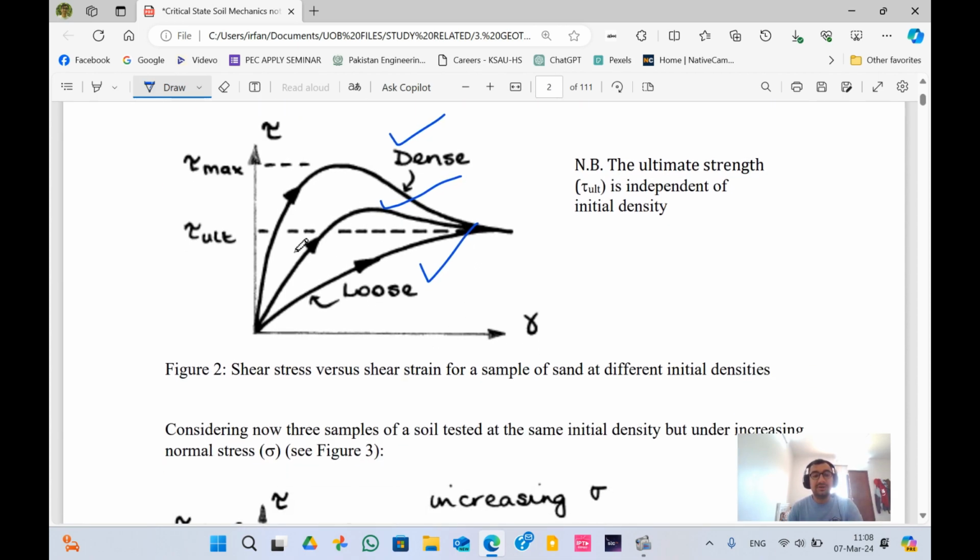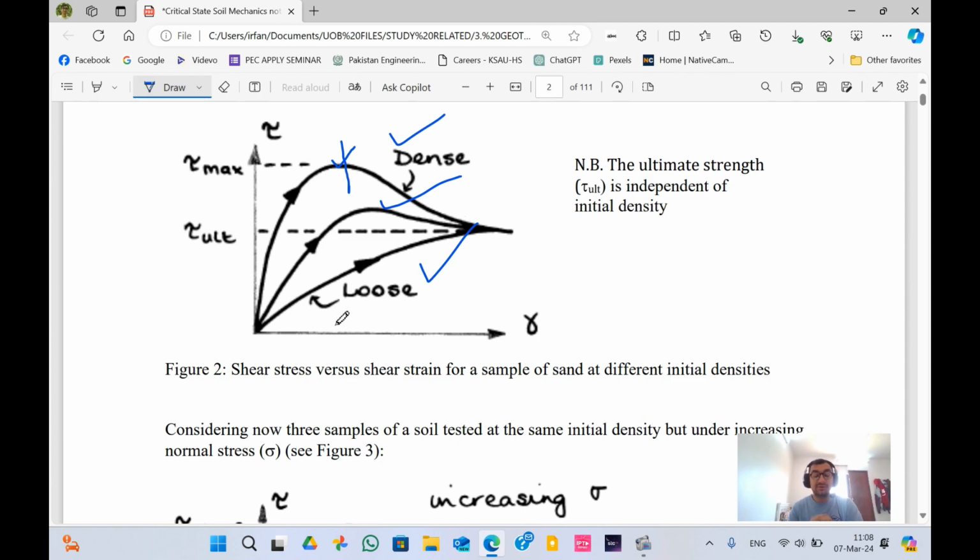If the soil is dense, when the stress is applied, it will reach a shear maximum over here because it will require a lot of stress to be disintegrated. Because at the peak stress, after that the soil starts to shear, and it starts to change its dimension, or you can say strain a bit.